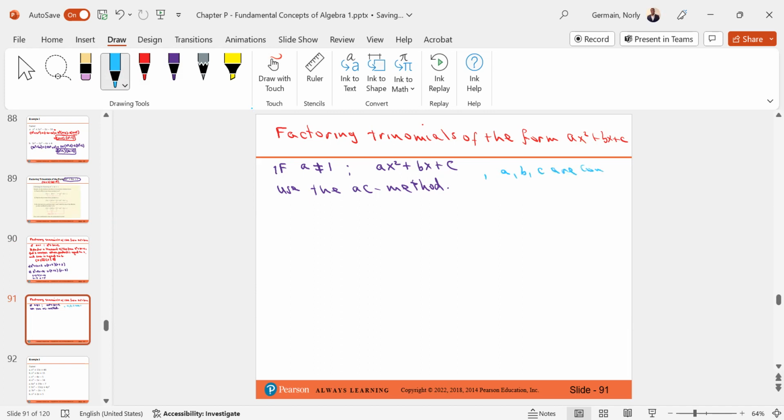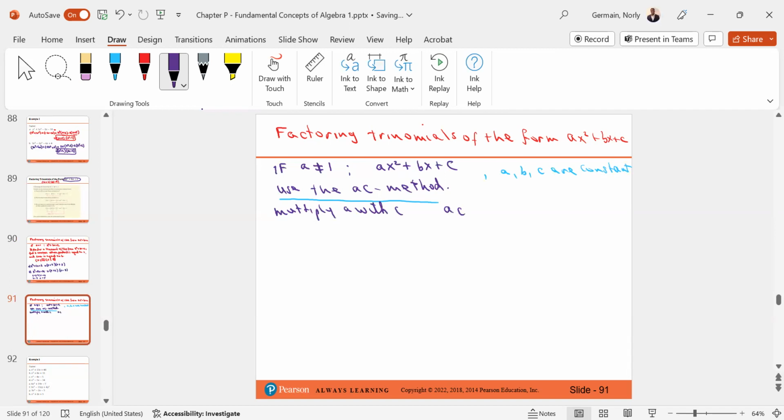They are real numbers. All you need to do in this case, the AC method tells you to multiply a with c. That means you have ac.